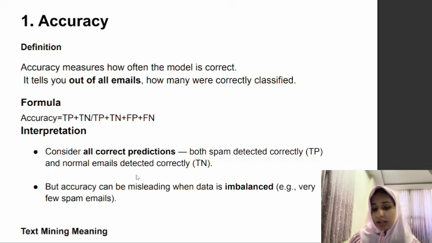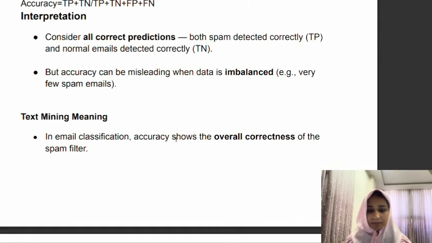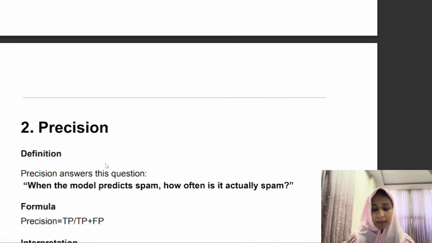But accuracy can be misleading when data is imbalanced. Example, very few spam emails. At that time accuracy can be misleading. Text mining meaning: in email classification, accuracy shows the overall correctness of the spam filter.